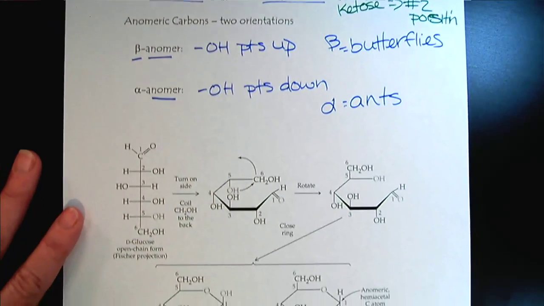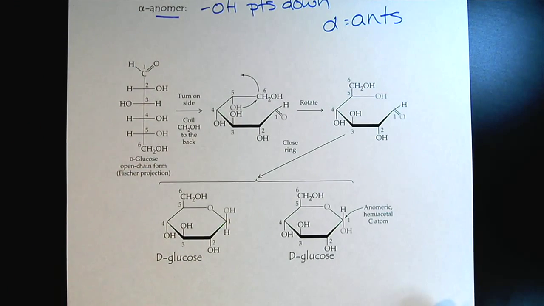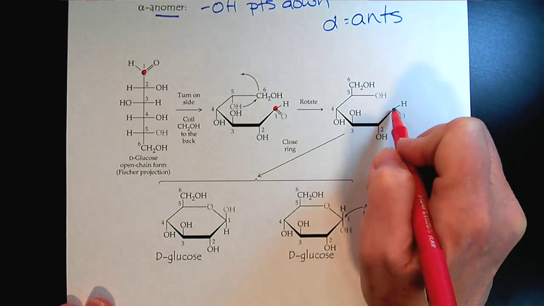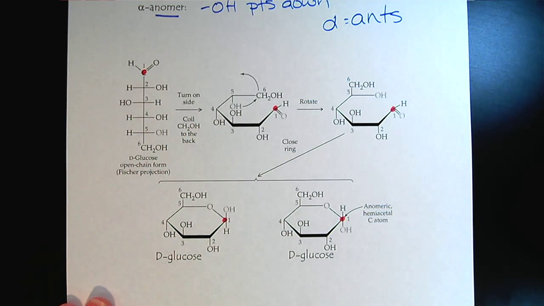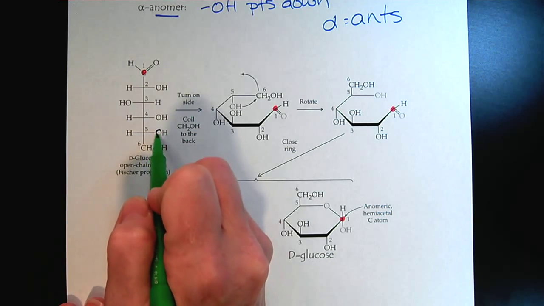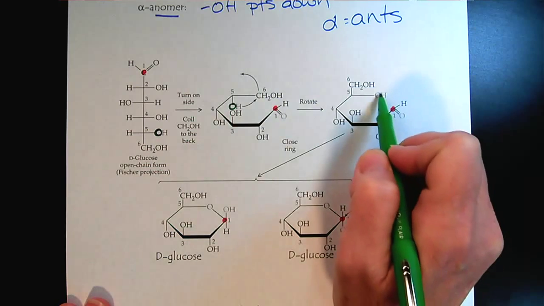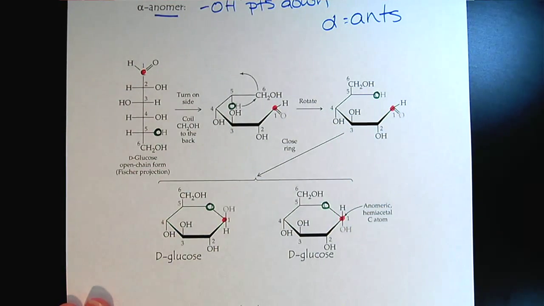So now let's look a little more closely at this reaction to help you understand what's happening, right? The main focus here is our carbonyl carbon is going to become the anomeric carbon. So keeping that consistent, and then recognizing that it's the alcohol group on carbon number 5 that is going to react with the carbonyl carbon to close the ring.